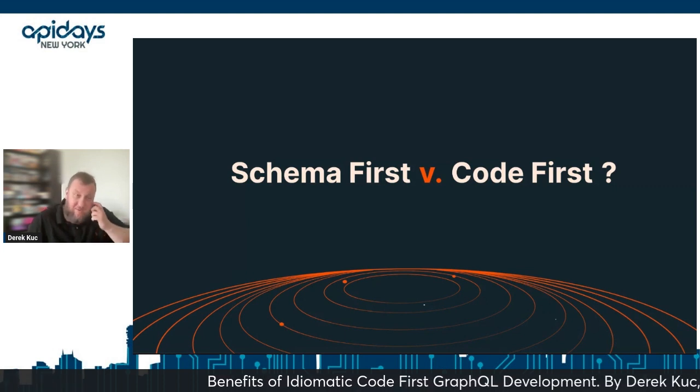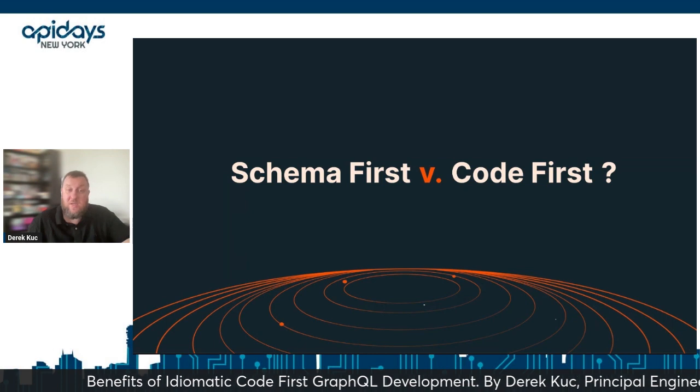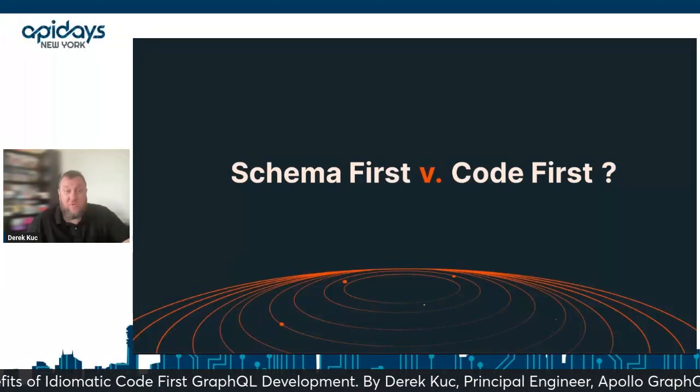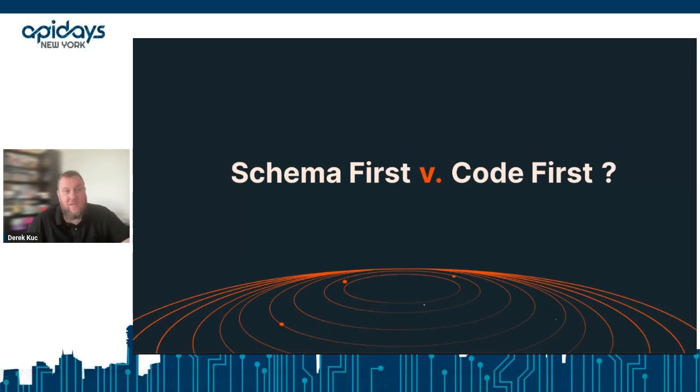In a schema first approach, we first manually create our schema file by hand and then use that as an input to our GraphQL server, where we then add the corresponding resolver logic, so business logic, how to get this data and how to get this data back to the clients. On the other hand, on the code first, we write code, and the schema is the result of this code.